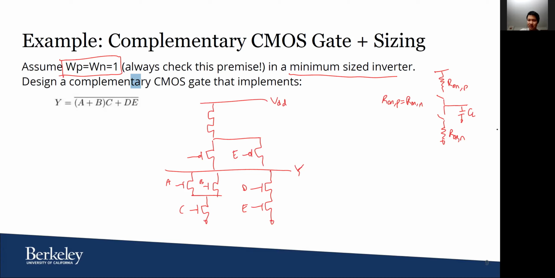This would be E and D, and this would be A, B, and you'd have C here.